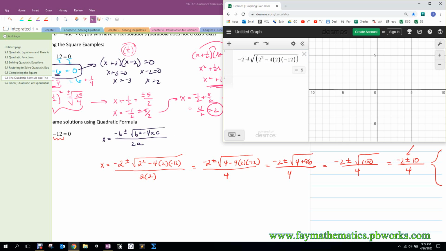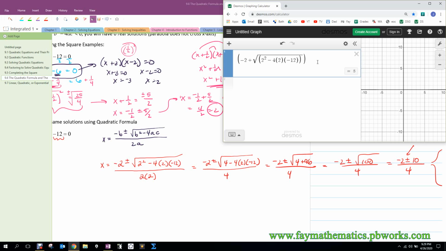Negative 2 plus this discriminant, and that all needs to be over 4, and you can see that it gives us the answer of 2 back. And then all I need to do, if I've got this typed in correctly here, is come back here and take that plus sign, wipe it away, make it a minus sign, and now you've got the negative 3.